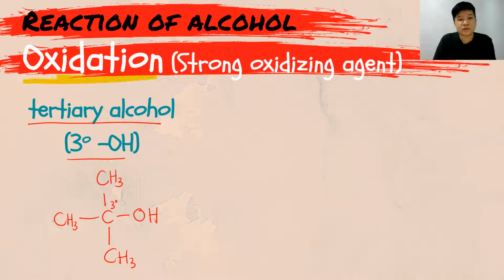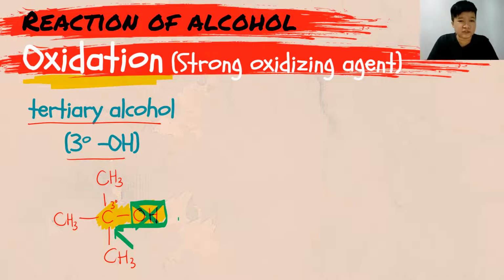And we know that to undergo oxidation, we need to form a double bond O. And to form the double bond O, your carbon that is holding the OH needs to remove the OH and one hydrogen. You need to remove two bonds, then only you can become one double bond O. But guys, look at this carbon right now. This carbon is holding one OH, and we know that we are going to remove this OH.